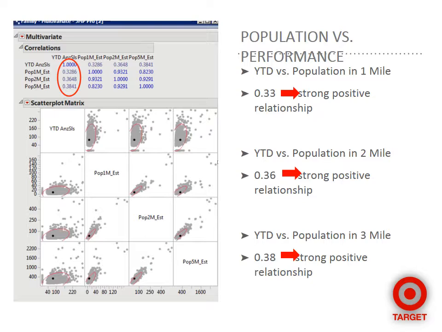So between the population in 2 miles and the revenue, the correlation is 0.36, which is also a strong positive relationship. And for the population in 3 miles versus the revenue, the correlation is 0.38, and we also consider it a strong positive relationship. So we would say that the larger the population around a store, the better a store performs.